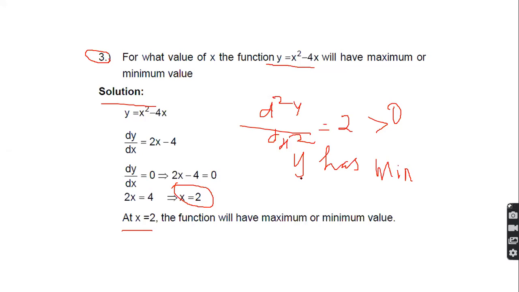Just substitute x equal to 2. So 2 square means 4, minus 8. So minus 4 is the minimum value. There is no maximum value for this. Maximum value is there, but we are not able to find it for this particular problem.